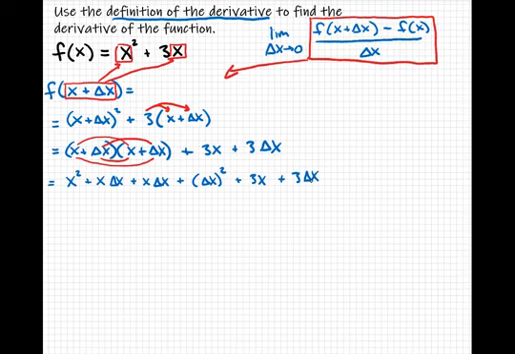Combine like terms: that's x squared plus 2x delta x plus delta x squared plus 3x plus 3 delta x.